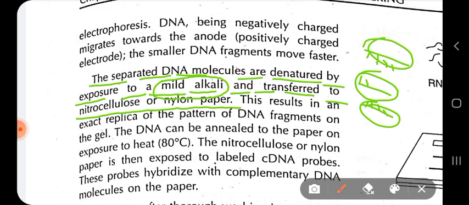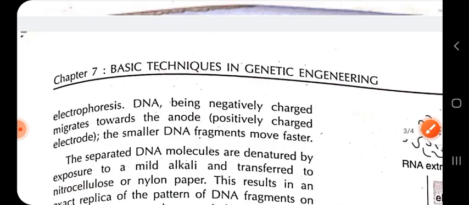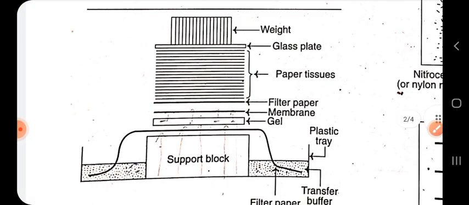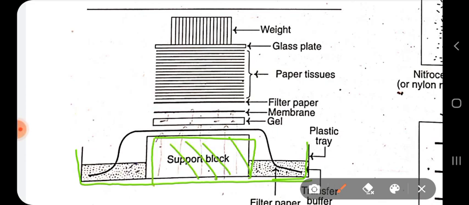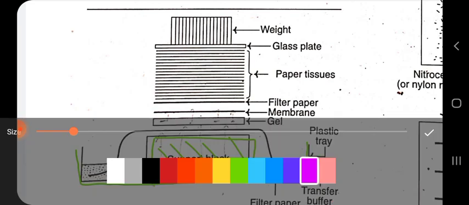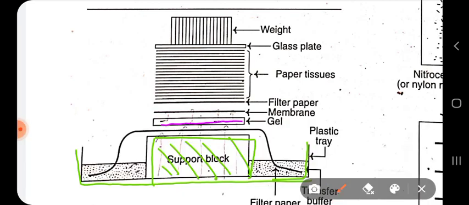And how this is done, let us see. Well, there is a beaker, better to say a container. Within that container there is a supporting block of wood or cork. Then you can see the gel has been placed right here, and we apply a load of filter paper just above it.